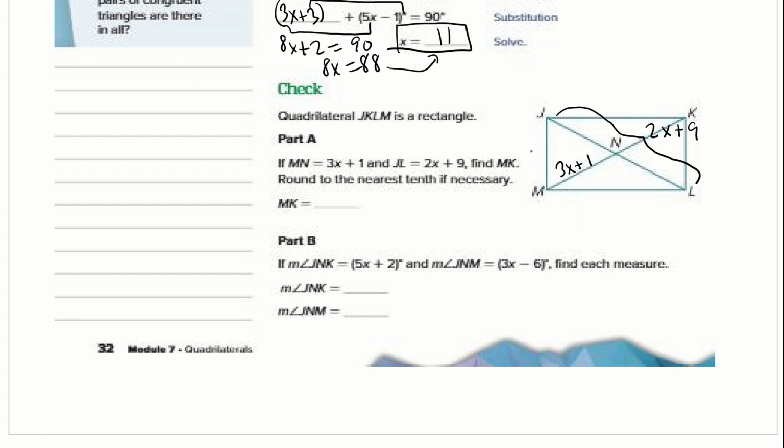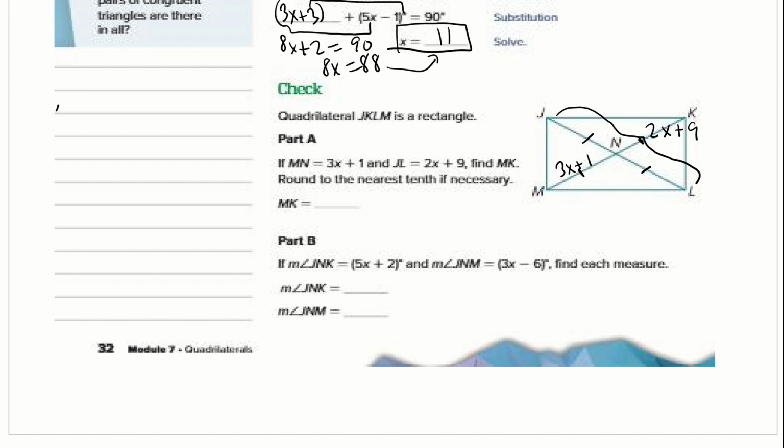Okay, so we know that if this is 3x plus 1, then this is 3x plus 1. These are all congruent because it's a rectangle. All right, so first off, we know that this whole thing is 2x plus 9, right? And we know that MK is 3x plus 1 plus 3x plus 1, okay? Because it's the same on both sides.